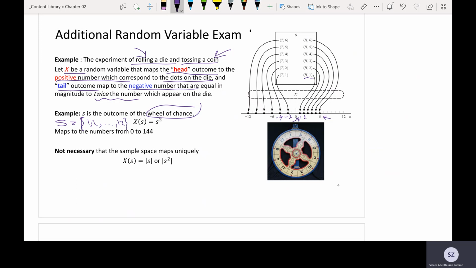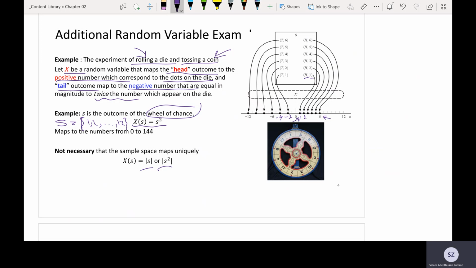They are not basically ordered. So in this case, you can see that this is S: 1, 2, 3 up to 12. Now, you can map the random variable defined as whatever number you get, squared. This is a random variable. You can define your own random variable. For example, X as the absolute value of this square.